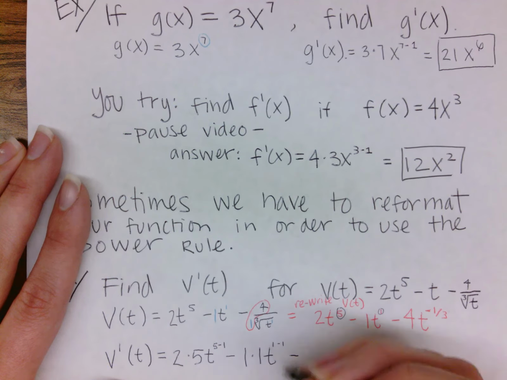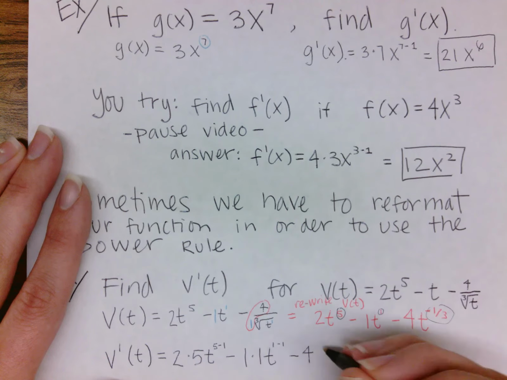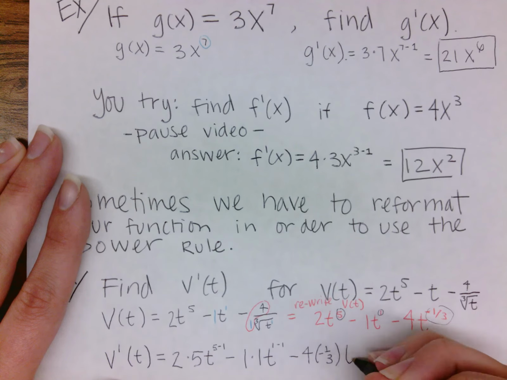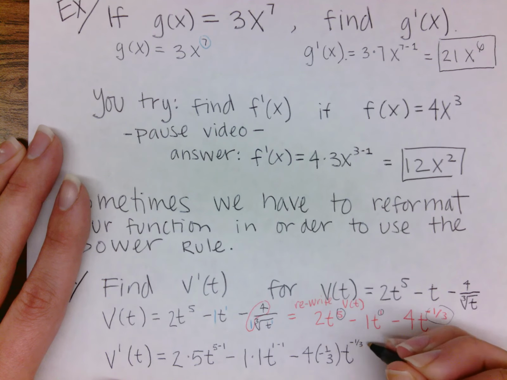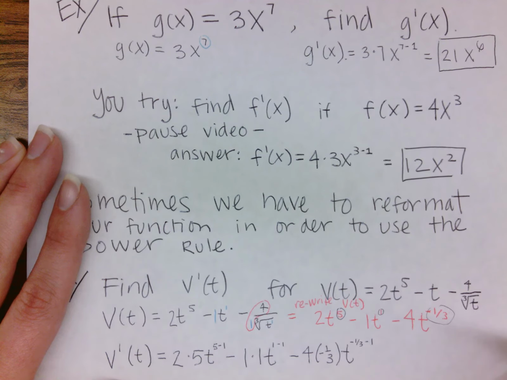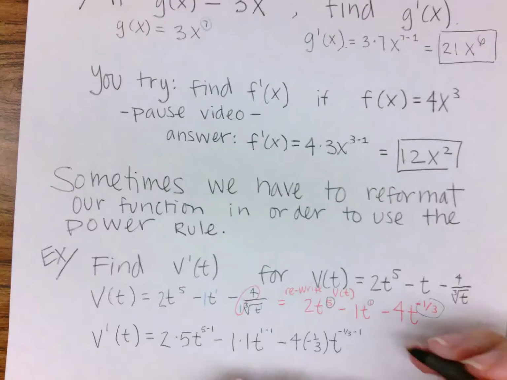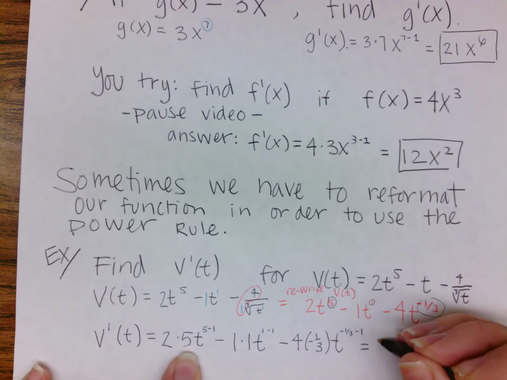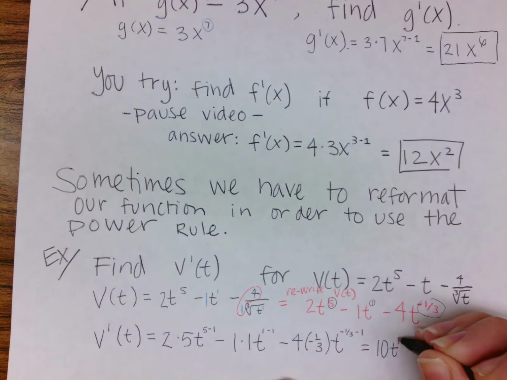Minus, my coefficient is 4 times negative 1/3 t to the negative 1/3 minus 1. Finally, we're going to simplify. 2 times 5 is 10. 10t to the 5 minus 1 is 4.